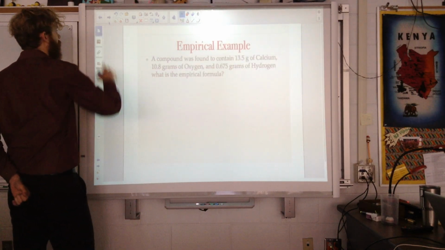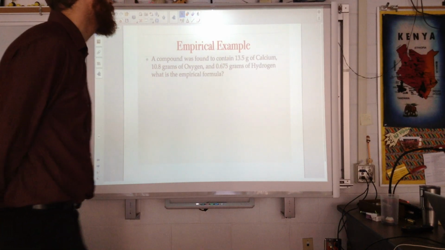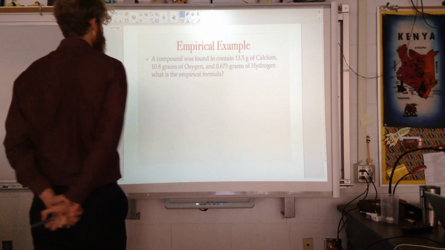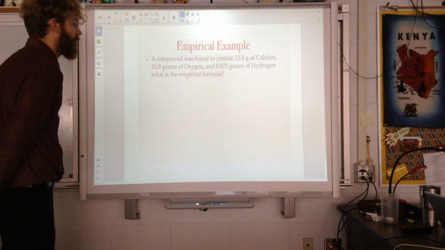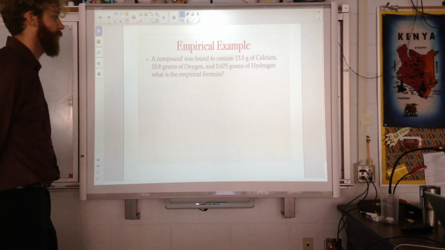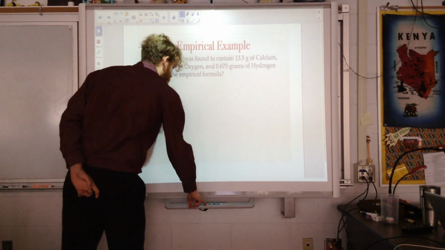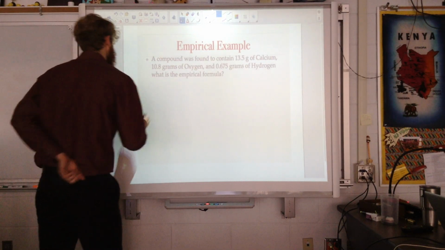So let's go ahead and do an example. A compound was found to contain 13.5 grams of calcium, 10.8 grams of oxygen, and 0.675 grams of hydrogen. What is the empirical formula? So the first thing we have to do, we've got to convert grams into moles using molar mass.